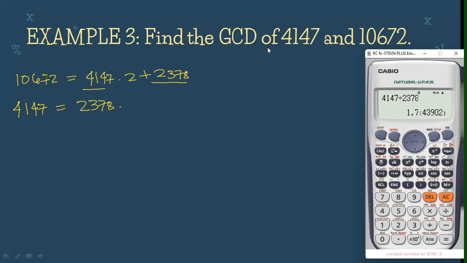So, ibig sabihin, 1 lang po yung gagamitin natin. 1 plus yung remainder po natin. Kailangan po nating malaman. So, 2,378 times 1 is equal to, then 4,147 minus the answer. That will give us 1,769.